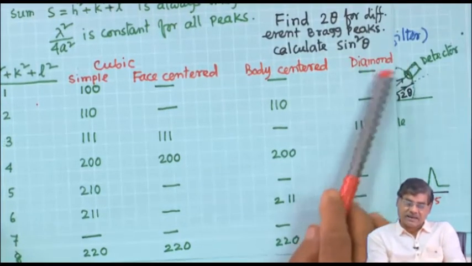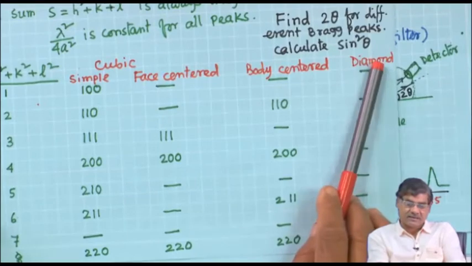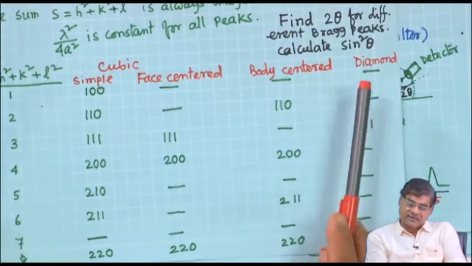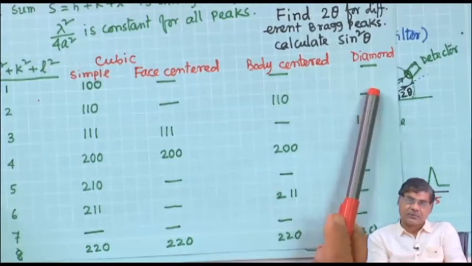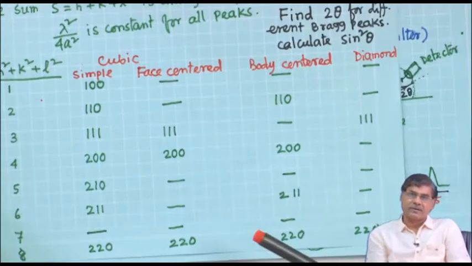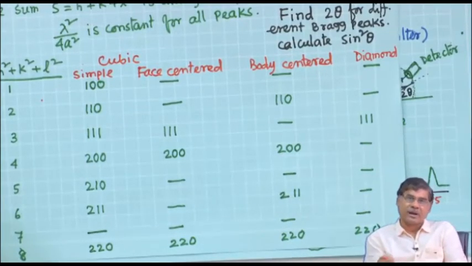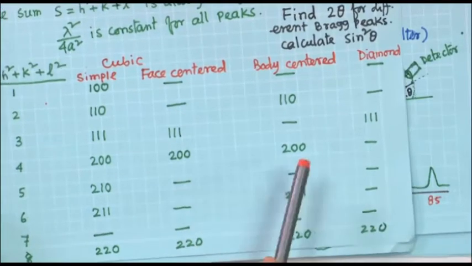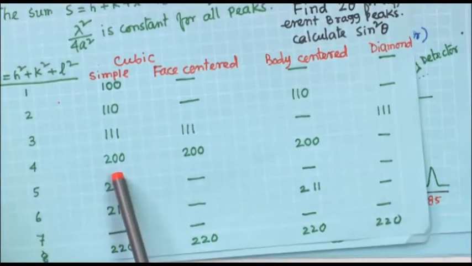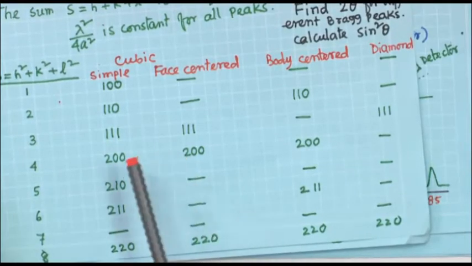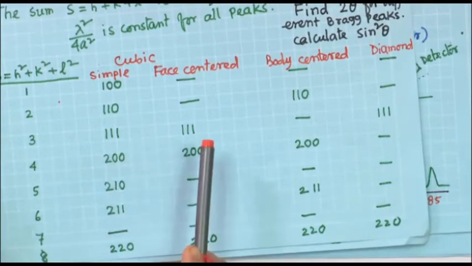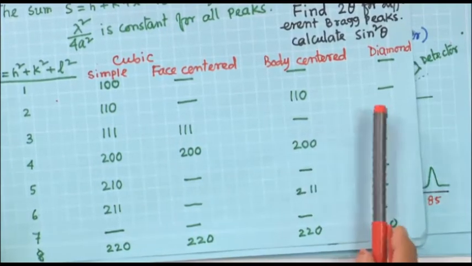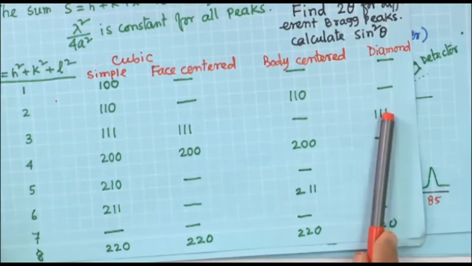Diamond is not a Bravais lattice. The Bravais lattices are these 3, but diamond is basically an FCC structure with 4 additional lattice points. You know that in simple cubic the number of lattice points per unit cell is 1, face centered cubic it is 4, body centered cubic it is 2, and in the case of diamond it is 8. Okay.